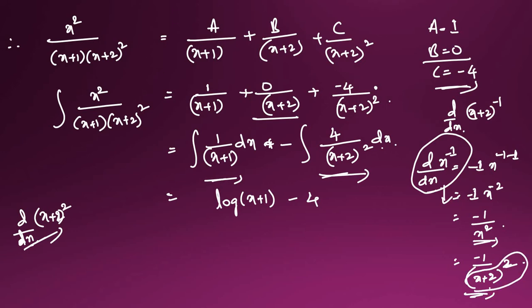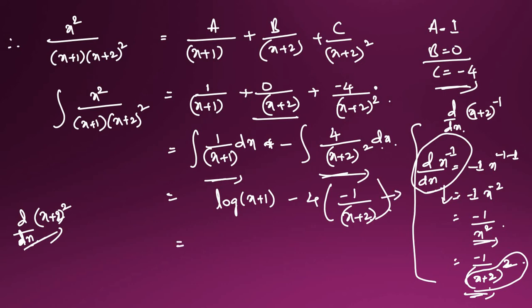If we do the integration of this one, we'll get the value of minus 1 divided by x plus 2. So this is in the derivative form. If we integrate, it will become like this: 1 by x plus 2 whole square will come after doing this integration.